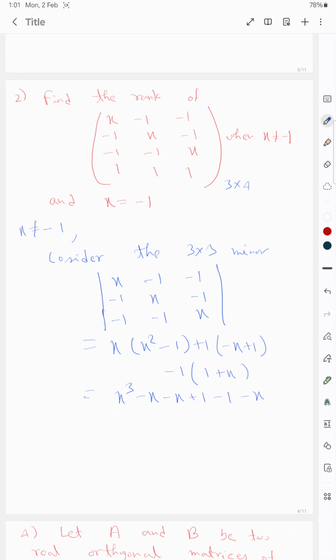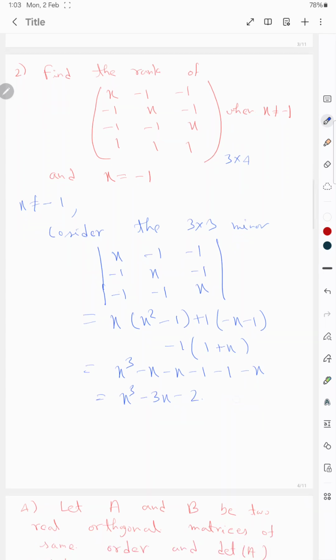Just to check if I may be doing anything wrong. I'm not getting any constant. Yeah, there is some minus 1, so I think this is minus 1. So from there you have x cube minus 3x minus 2, right? This type of thing you are getting.